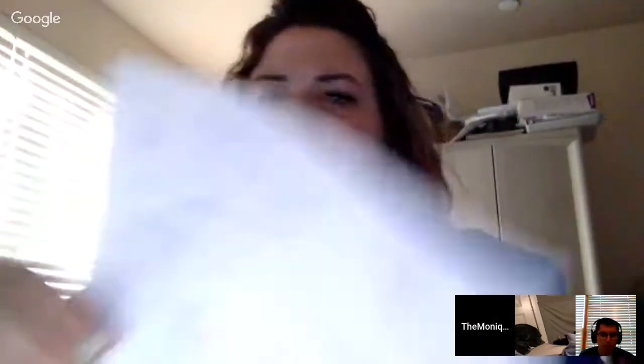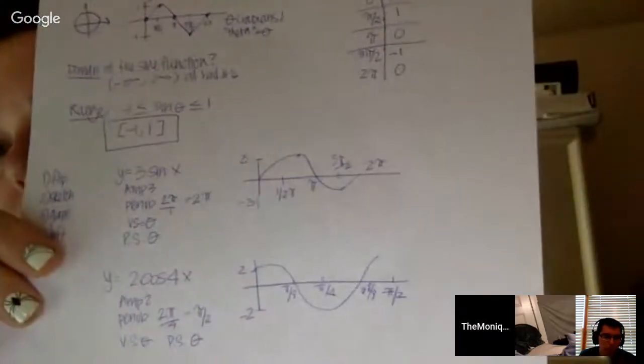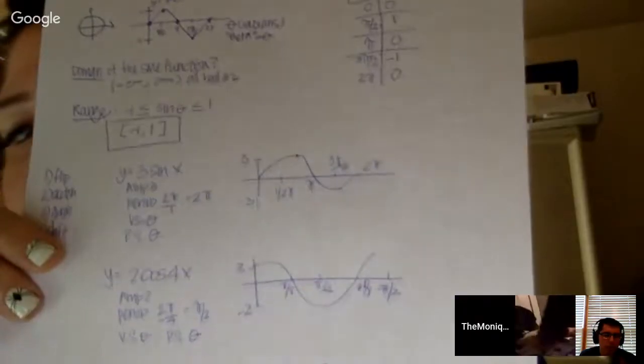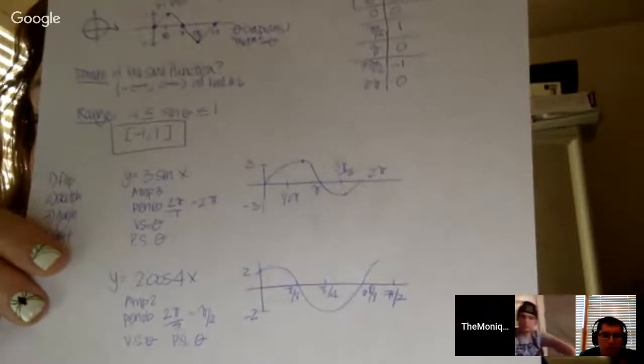I don't know if you can see. So when you start at 0, it skips 1 and then goes to the other one, in a wave kind of format.